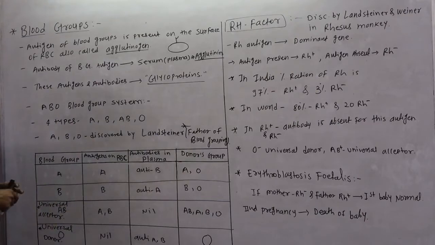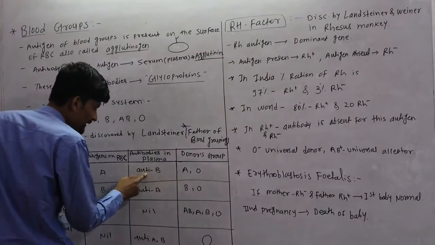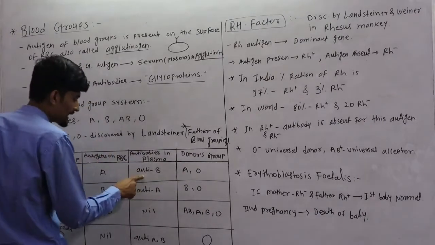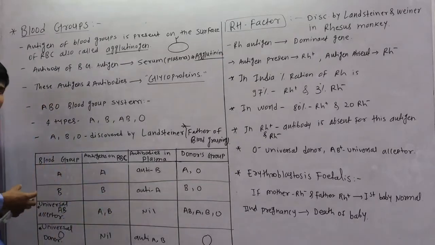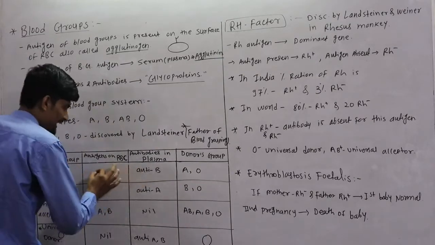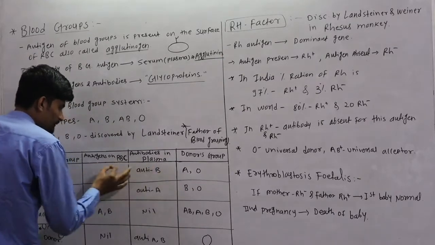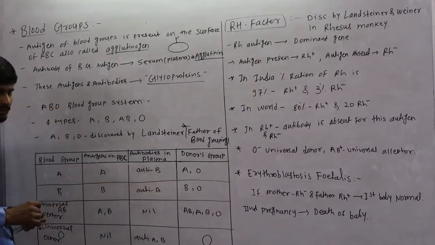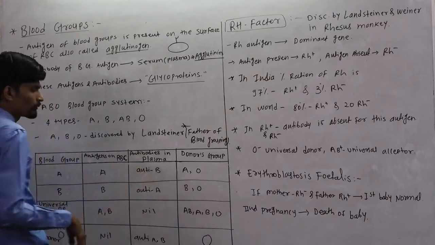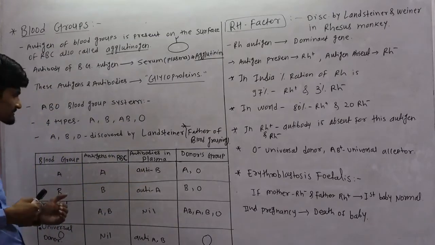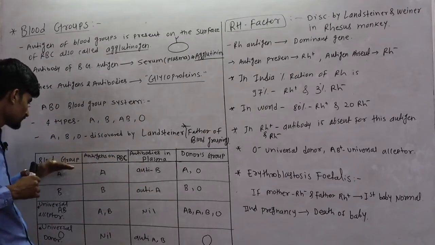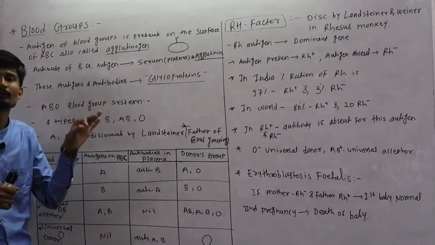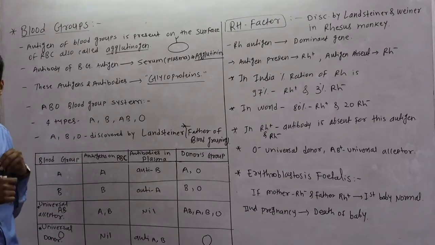Because if antibody A is present, what will happen, students? There is a reaction, agglutination of antigen A and antibody A. So that's why there is a cross. It means that blood group A has antibody B in their plasma.